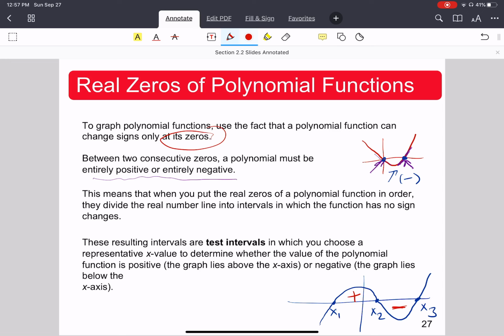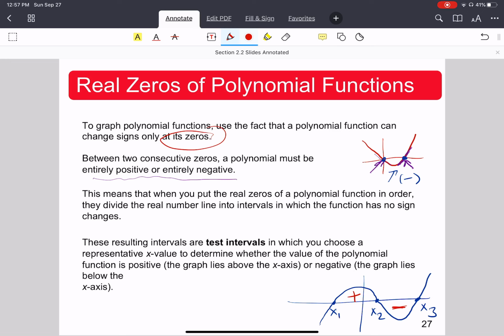The last thing I need to say is that the resulting intervals are test intervals, in which you can choose a representative x value to determine whether the value of the polynomial function is positive or negative. I'm going to talk a little bit about that in class.